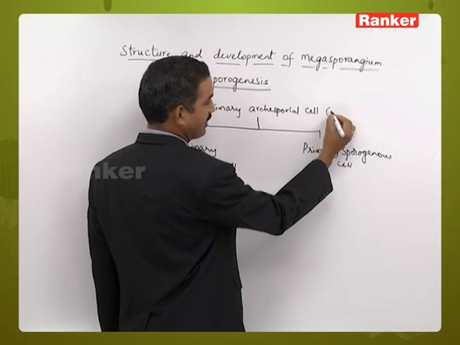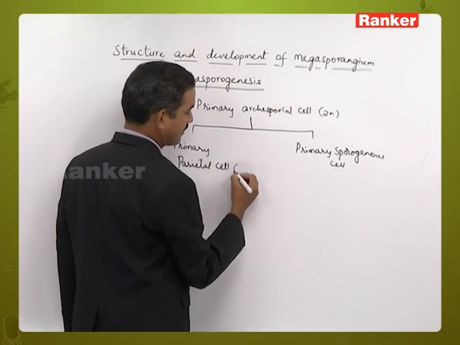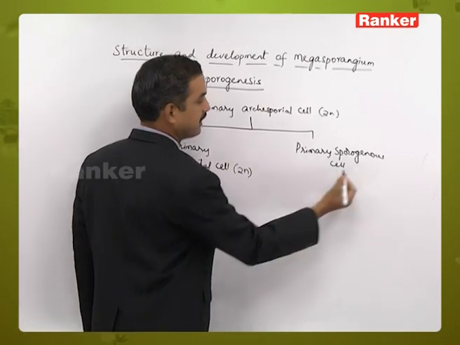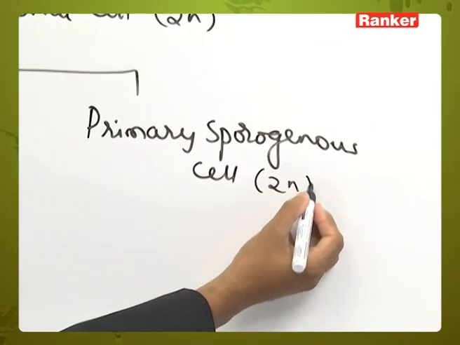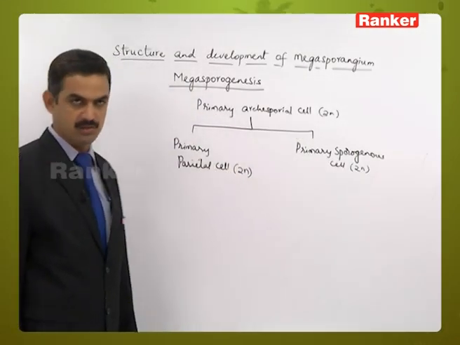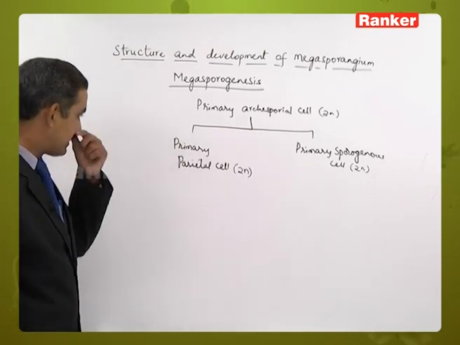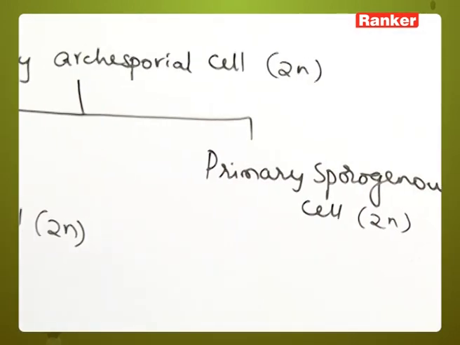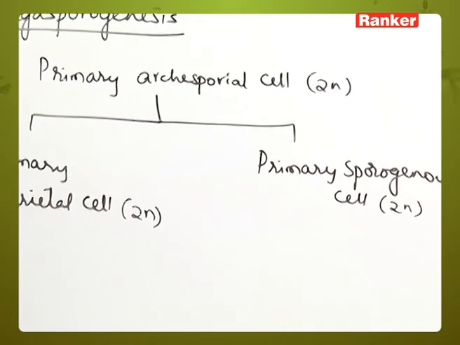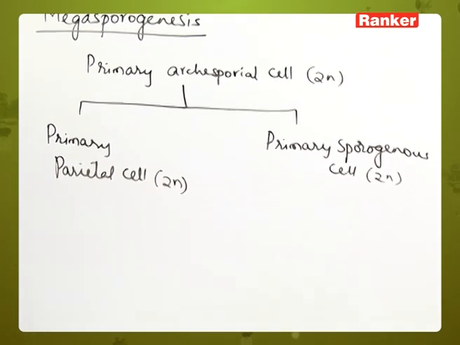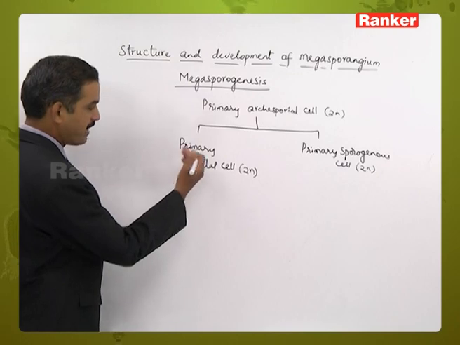Primary archesporial cells are diploid, and these cells are also diploid because they are formed as a result of mitosis. These primary parietal cells will undergo repeated mitosis and add new cells to the nucellus on the peripheral side.